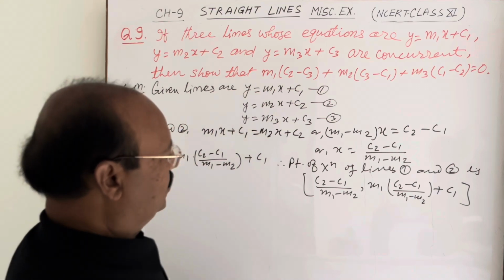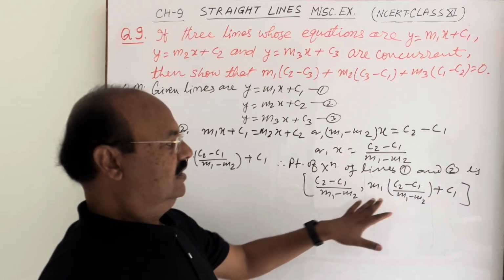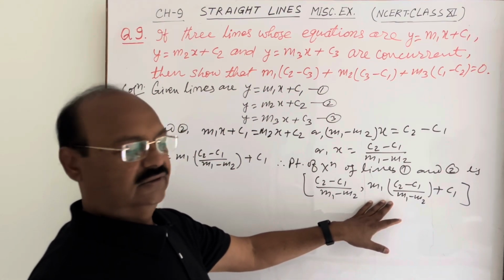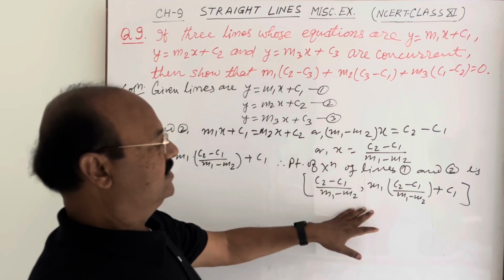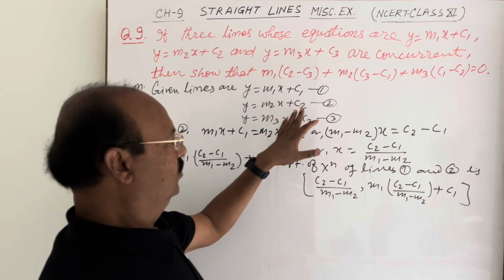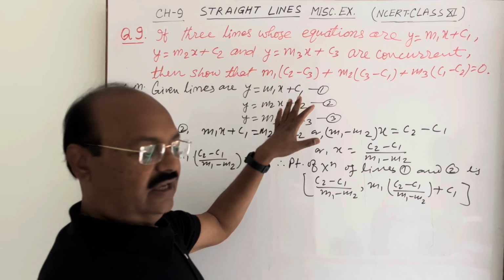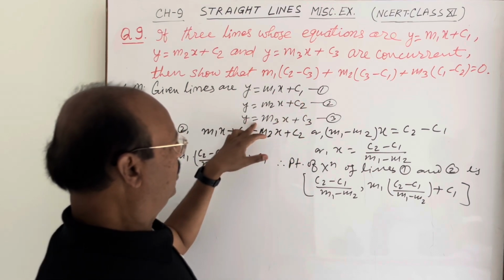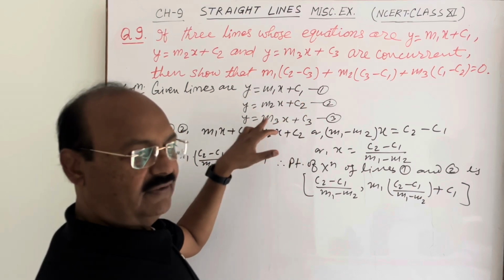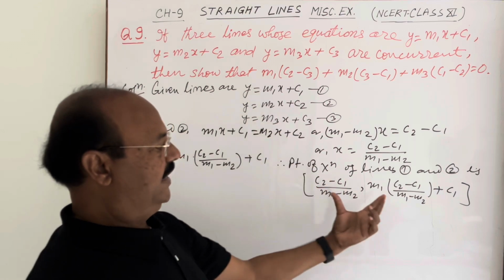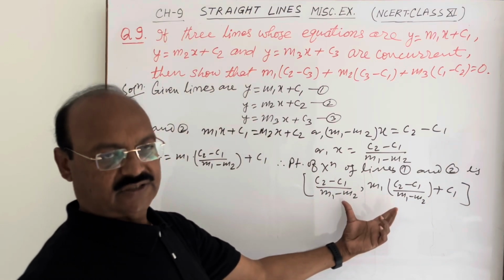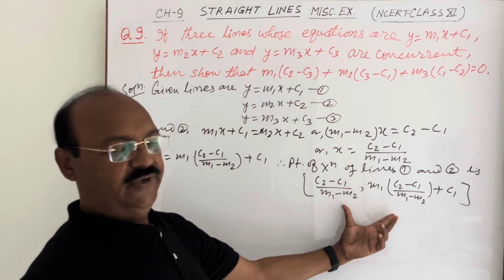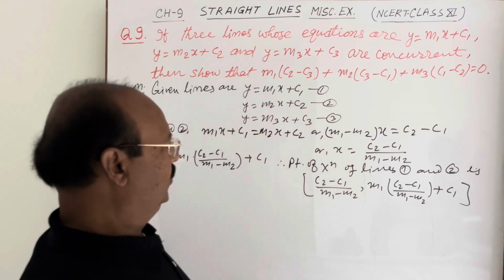Okay, so this is the coordinate of the point of intersection of lines 1 and 2, and all three lines are concurrent. So the equation of line 3 will be satisfied by these coordinates of the point of intersection of lines 1 and 2.